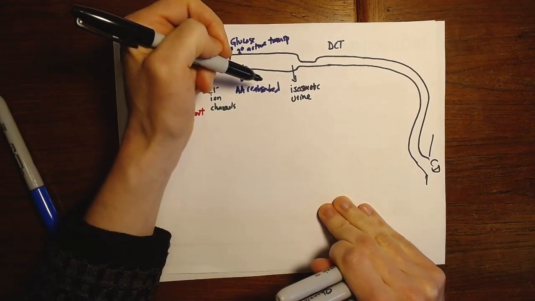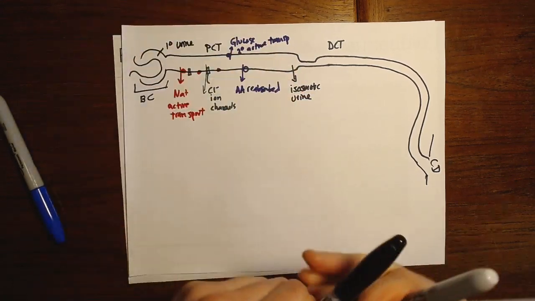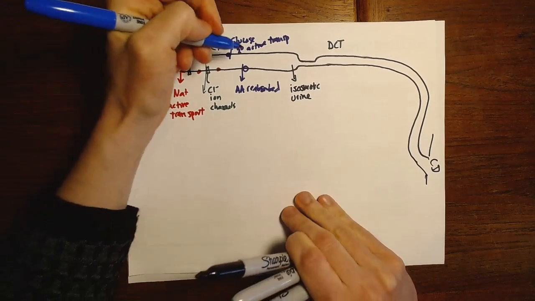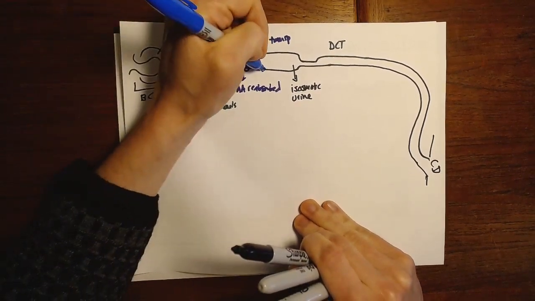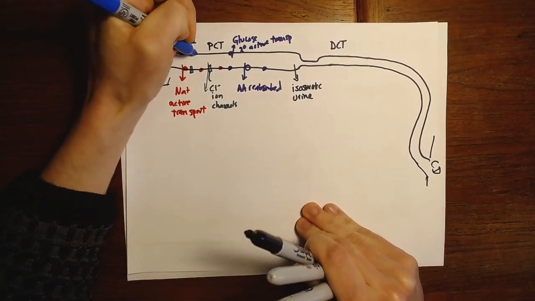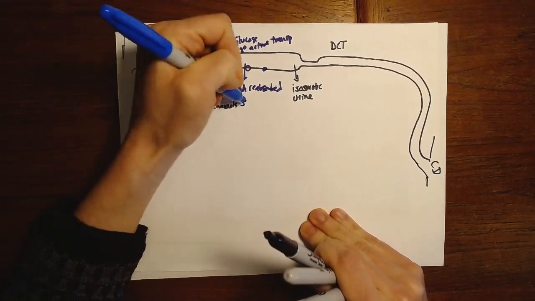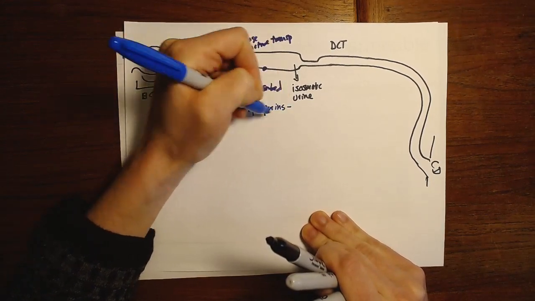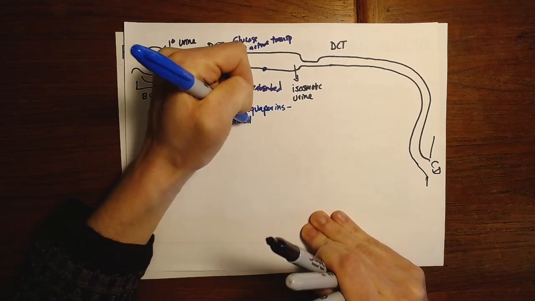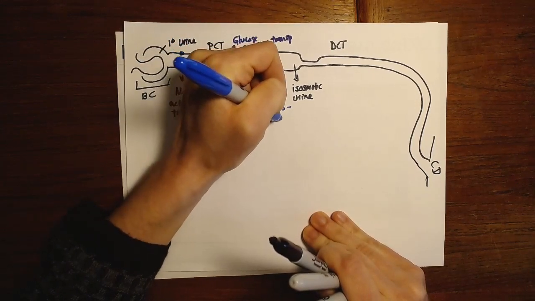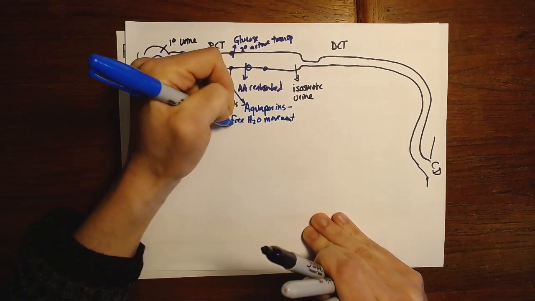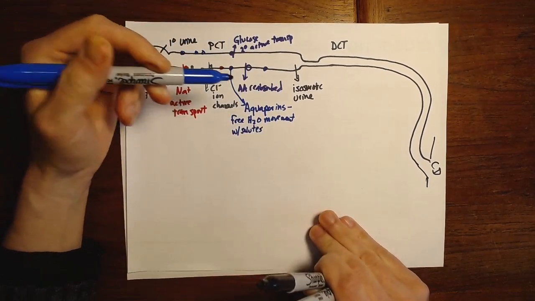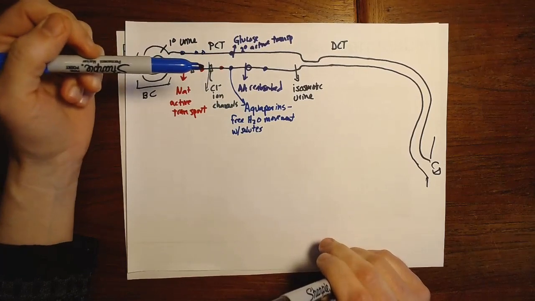To the blood, because there are also aquaporins that are present throughout the proximal convoluted tubule. Right, so those are going to permit free movement of water along with the movement of the solutes.